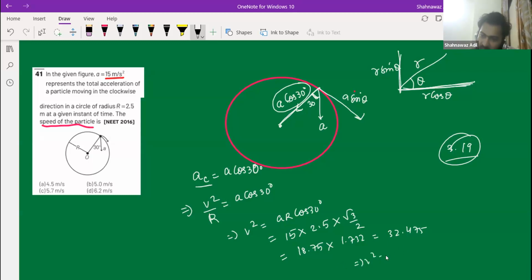So V square is 32.475 and V is 5.69, which is about 5.7 per second. So this would be the answer.